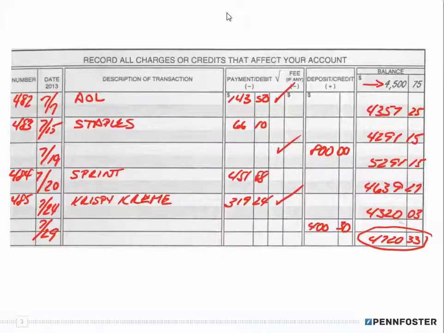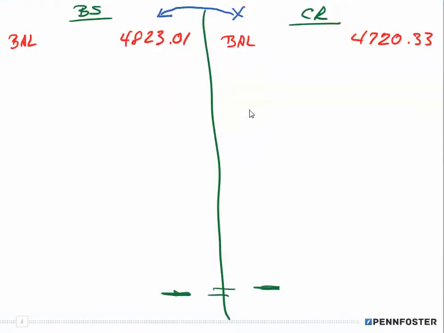So let me come back up to my check register, and I see I have this check 483 for 66.10. So I have to put it on my reconciliation, as a negative 66.10, because again, that's a check. That would be money that would be coming out of my account.